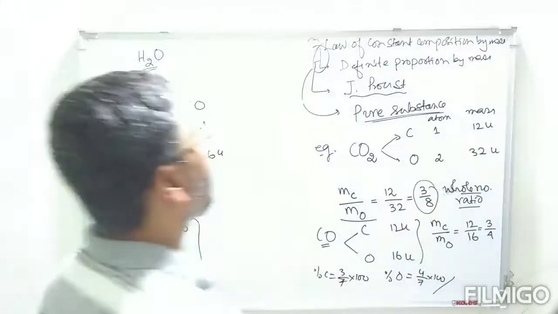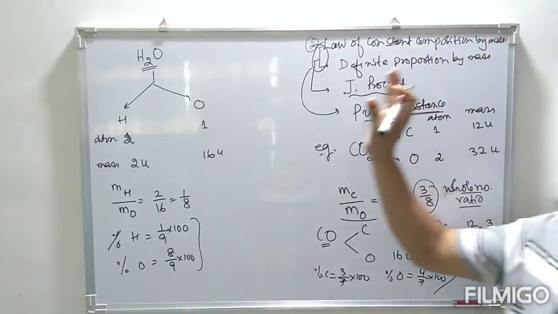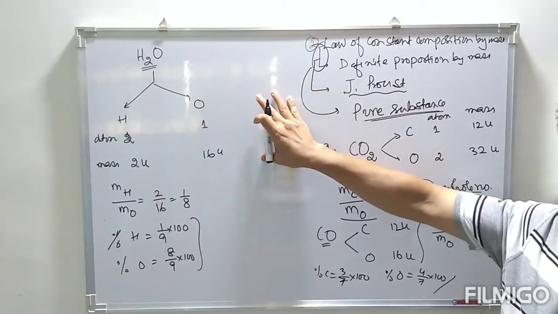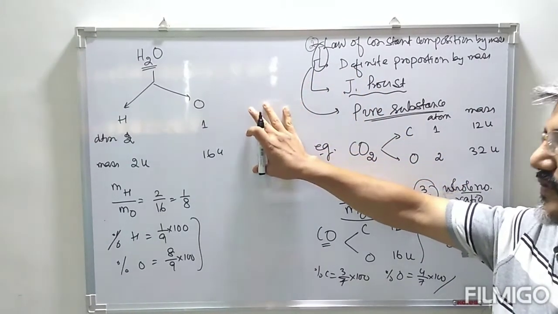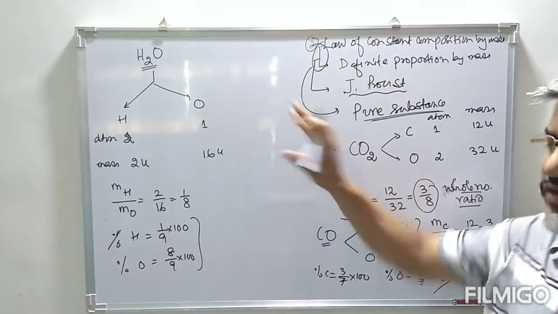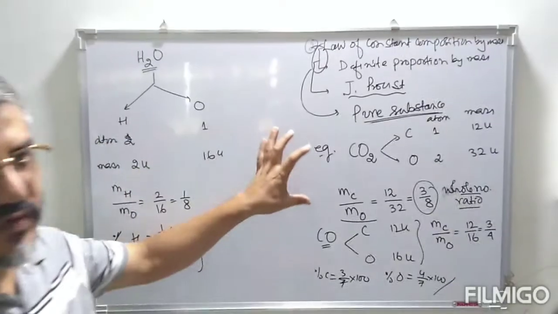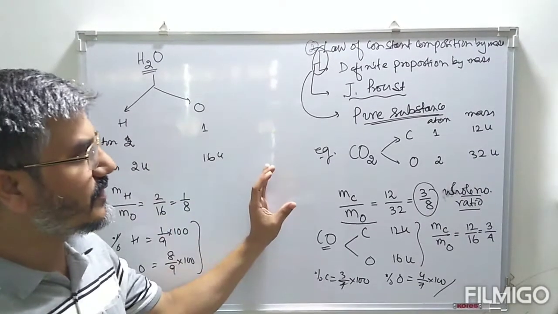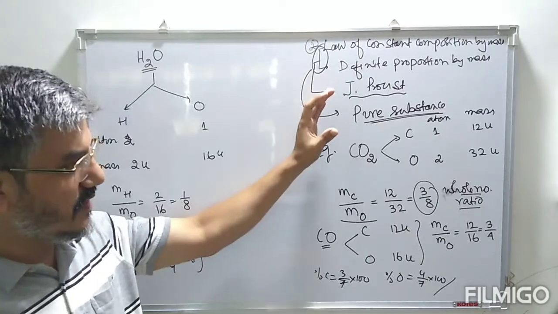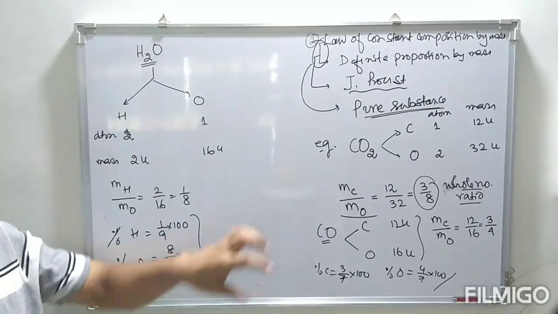Now coming to the statement of this law: every pure sample, irrespective of its source of origin, will always have a simple whole number ratio of the masses of the combining atoms.